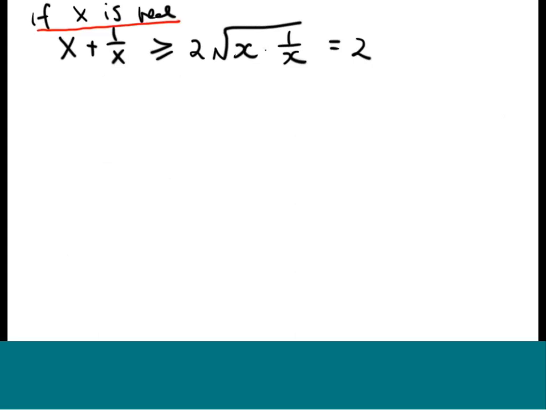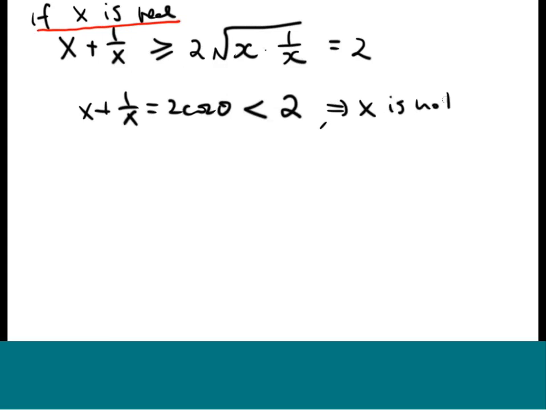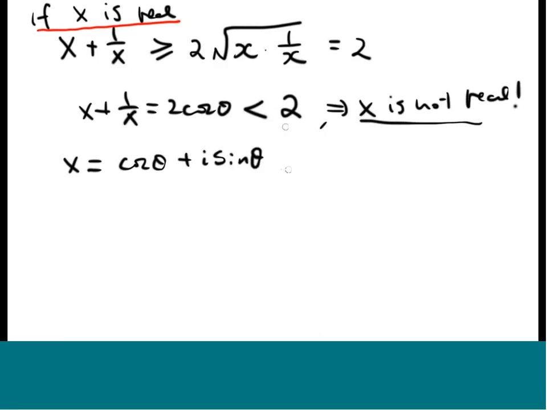But now we have x plus 1 over x equals 2 cosine theta. In general, this is going to be less than 2. So that means x is not real. You can think that x equals cosine theta plus i sine theta. It has to be that way, actually.